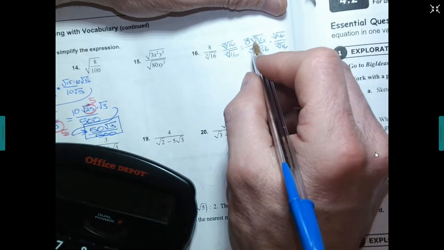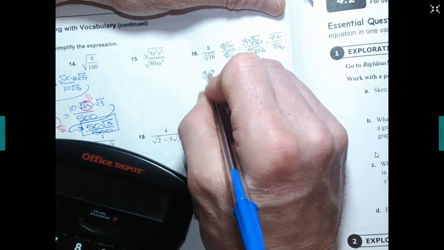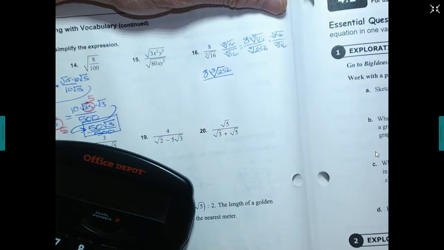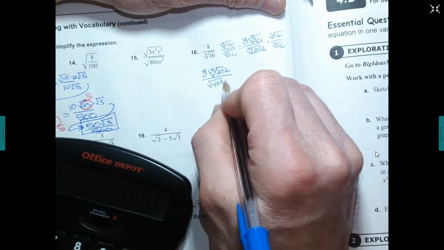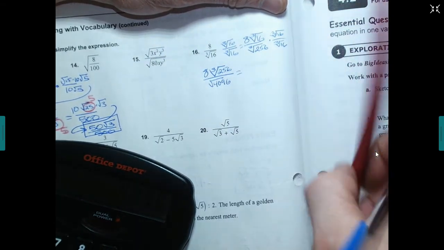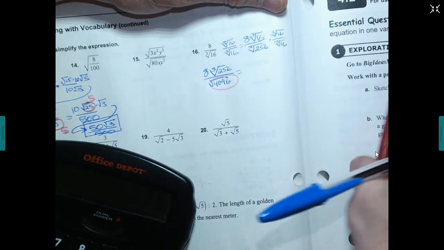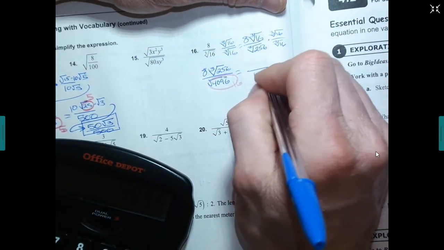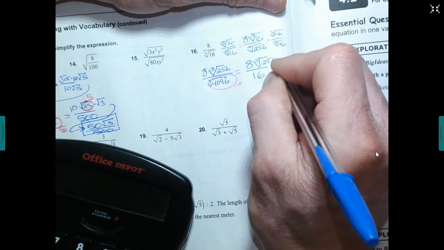So you get 8 times the cube root of 256 over 4096. Oh, well, that's a magic number. That is 16 times 16 times 16, or 16 to the third. So you get 16 under 8 cube root of 256.